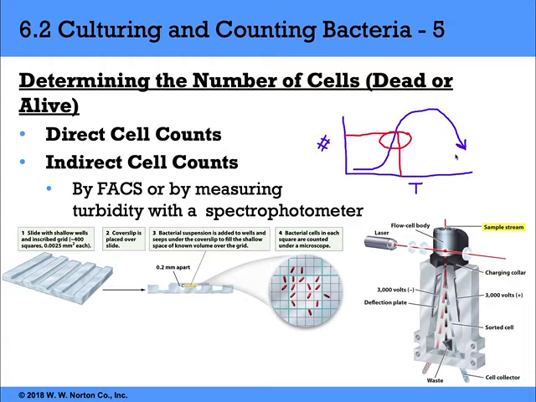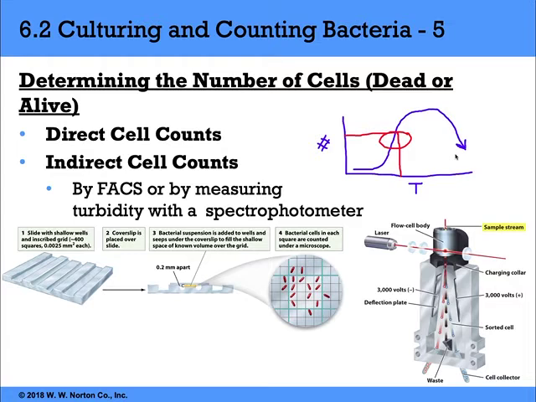Okay, one of the ways that we can count cells is through a direct or an indirect cell count. In a direct cell count, we take a certain amount of the liquid media and put it on something called a hemocytometer, which is a sort of microscope slide that has a grid on it.